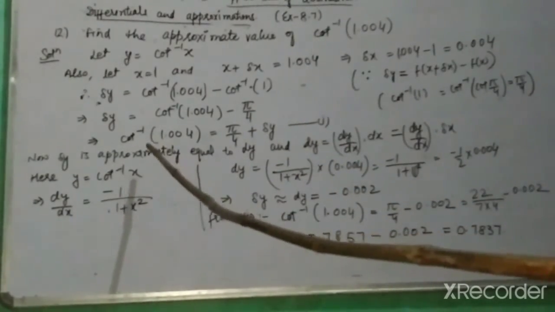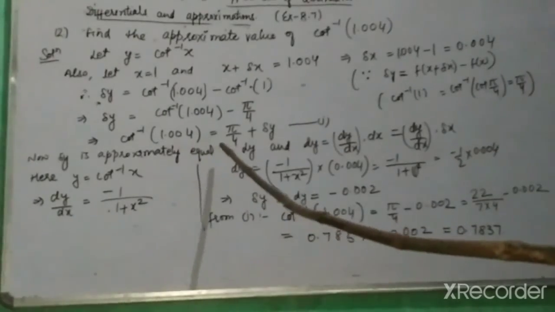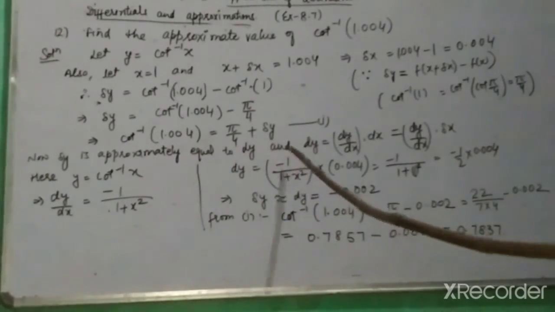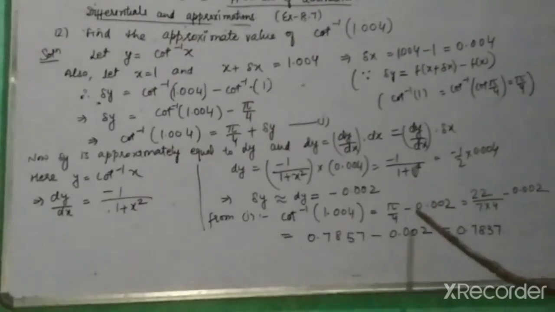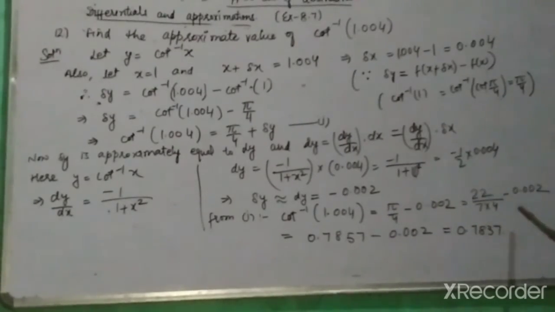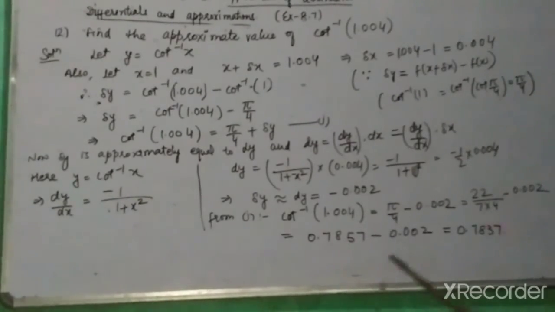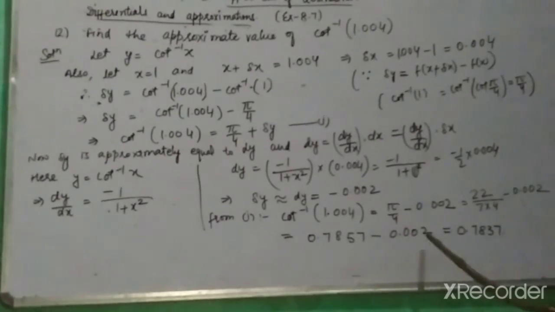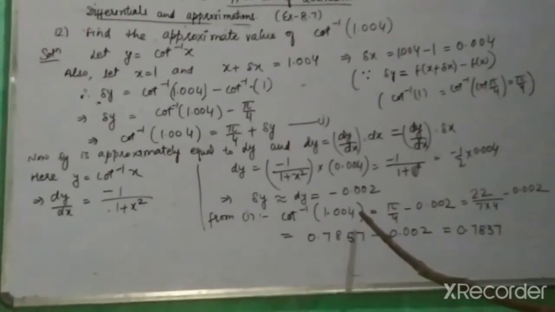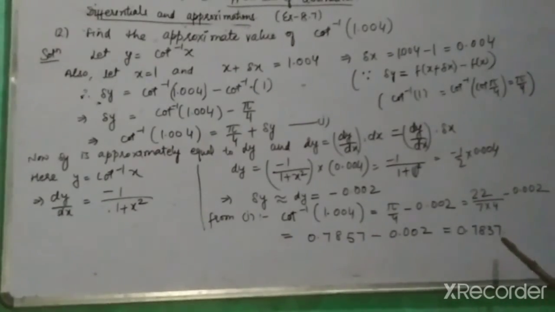In this way we get cot inverse 1.004 equals pi by 4 minus 0.002. Now the value of pi is 22 upon 7, and we can find the value of 22 upon 28. We get 0.7857 minus 0.002. We get the value of cot inverse 1.004 equals 0.7837.